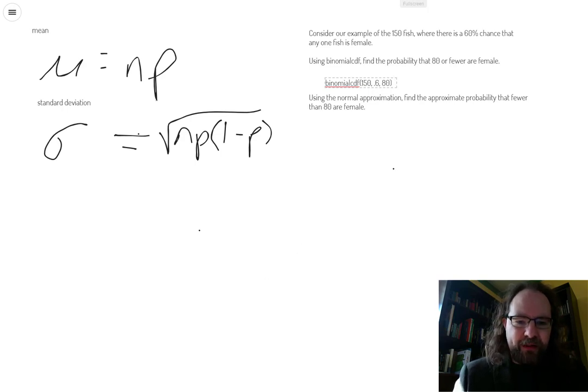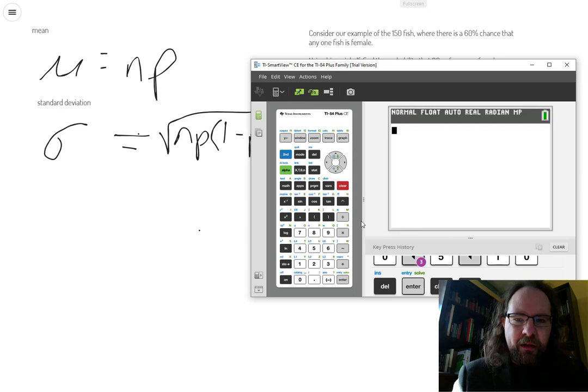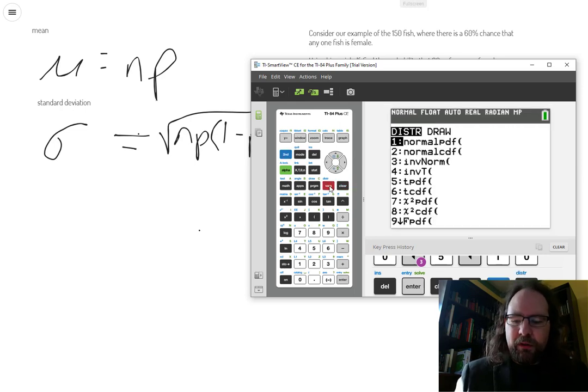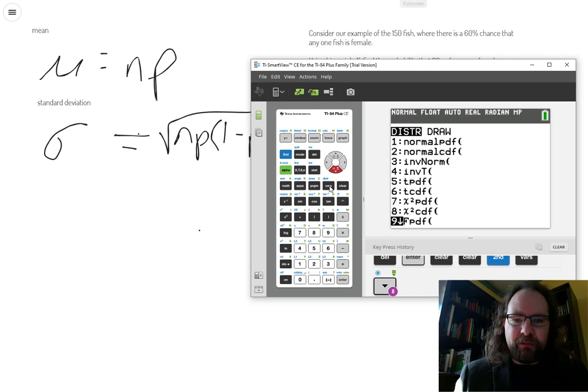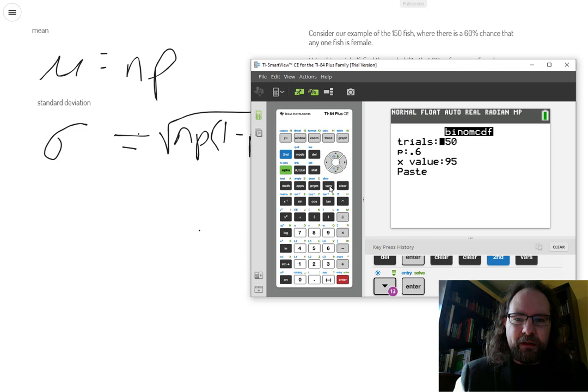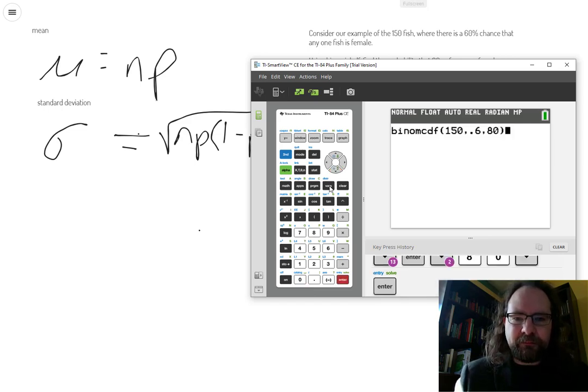So I'm going to get out my calculator here. And I need to go again into my distribution menu. I'm going to scroll down to binomial CDF. Right, and I have some previous information in here from the previous time I used this. I'm going to change my x value to 80, and I'm going to paste it.